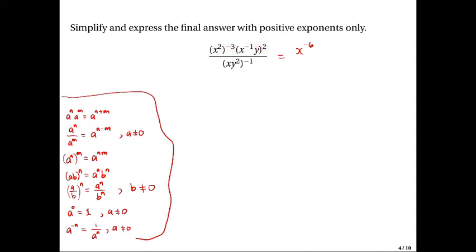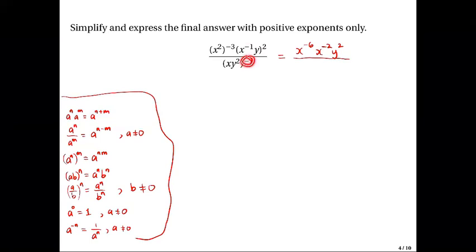And this one here, you have negative 1, so you also need to multiply that. The exponent of y here is 1. So if you multiply the 2 there, it's just 2. So for this, we will now have x raised to negative 2, then y squared. So that's in the numerator.